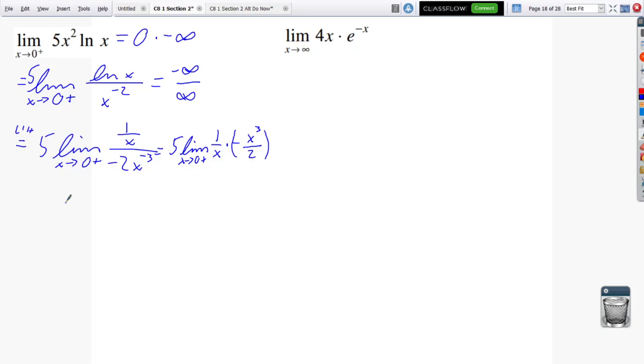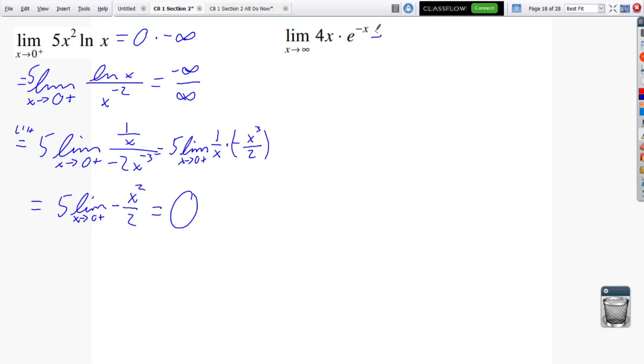Looking here, I can see that this ends up being 5 limit x approaches 0 from the right of negative x squared over 2, which plugging in 0 is just going to give me 5 times 0. 5 times 0 is 0.